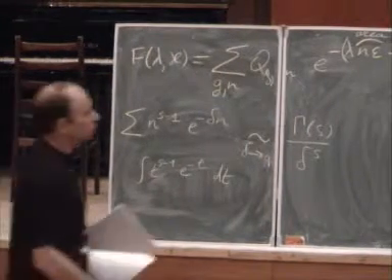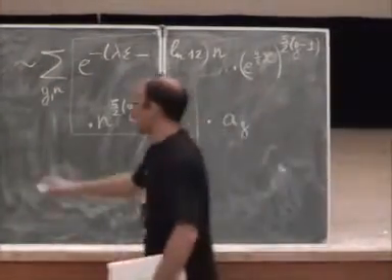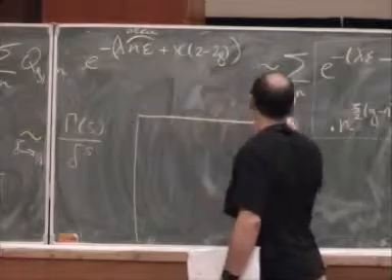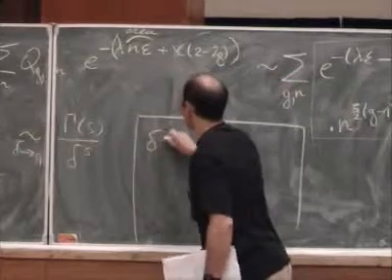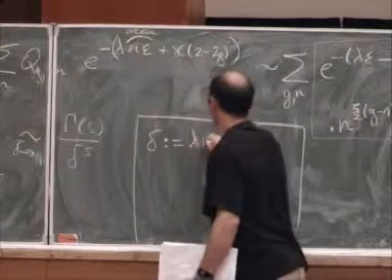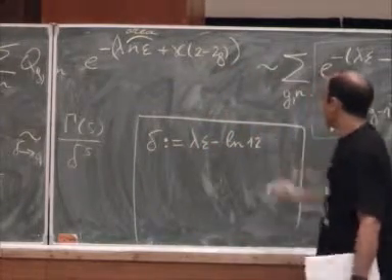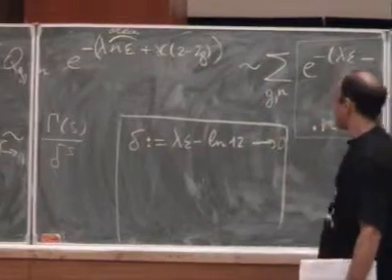And so now I want to use this to compute this sum. I denote by delta what I have here, lambda epsilon minus logarithm of 12, and I make it tend to 0.